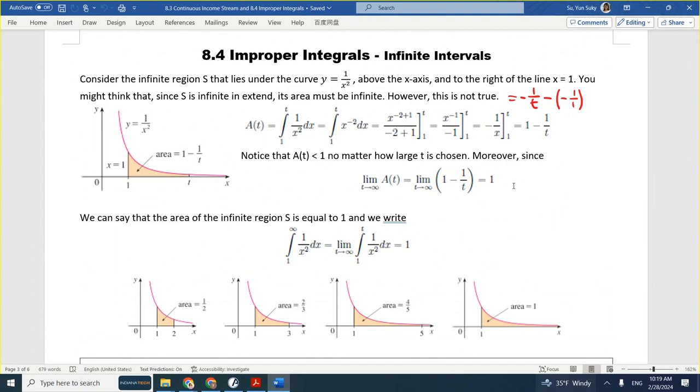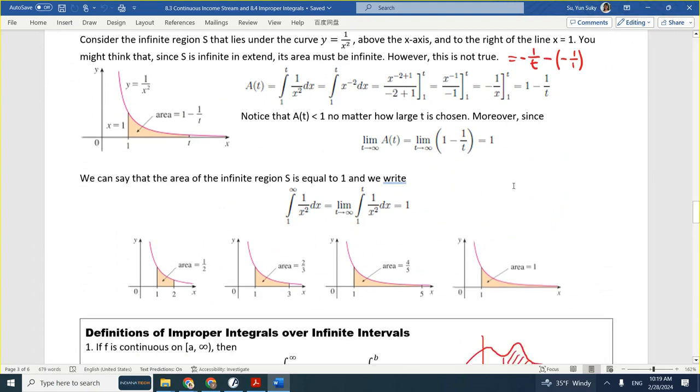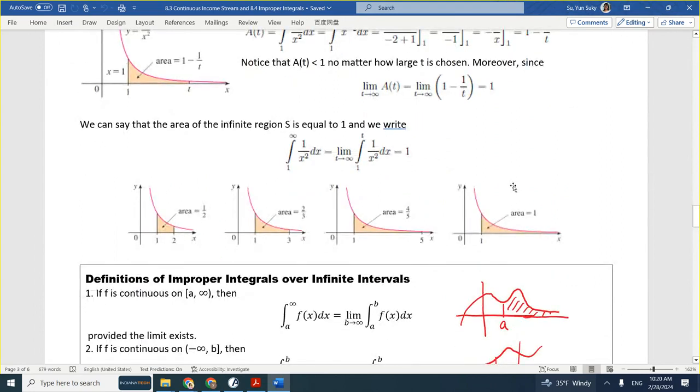Okay, even though you add infinitely many things, your answer could be finite. Okay, so yeah, and here if you let t be 2, then your area is 1/2. You let t be 3, your area is 2/3. So when your t increases, then your area goes to 1.